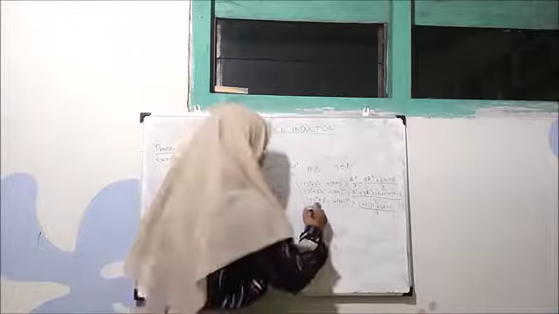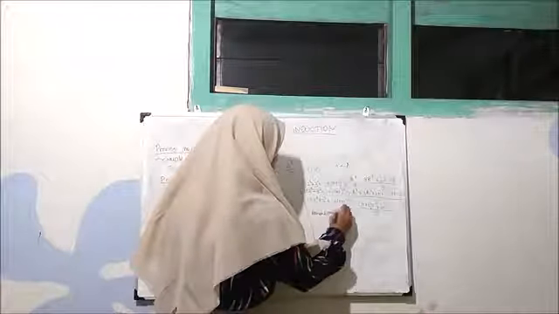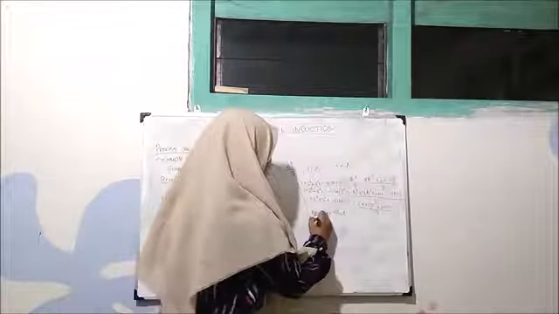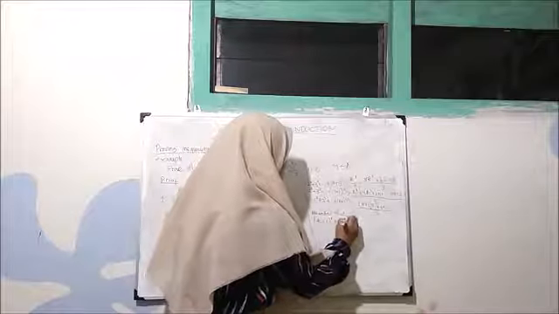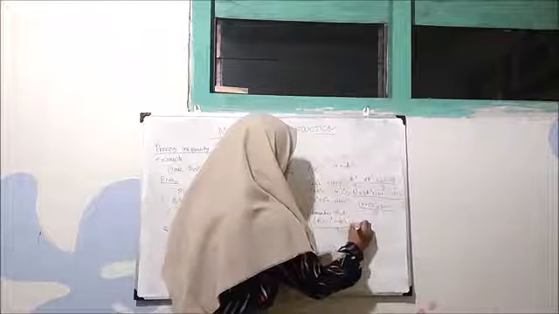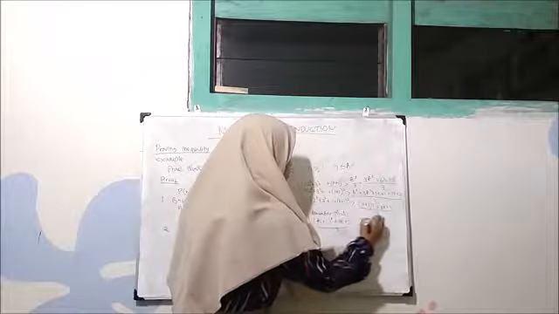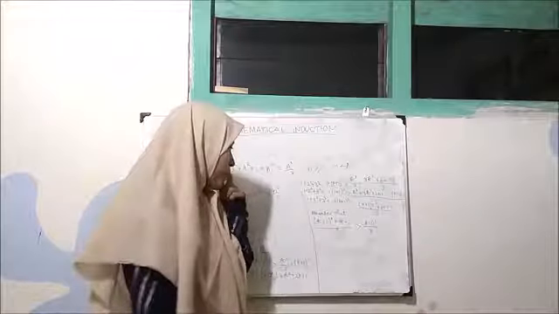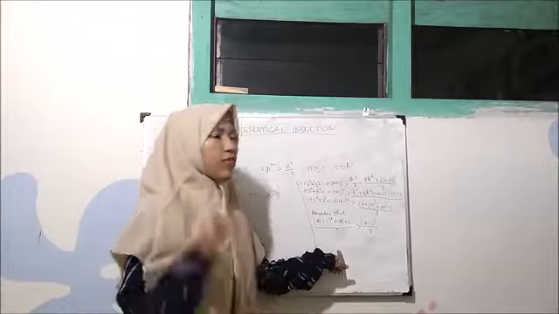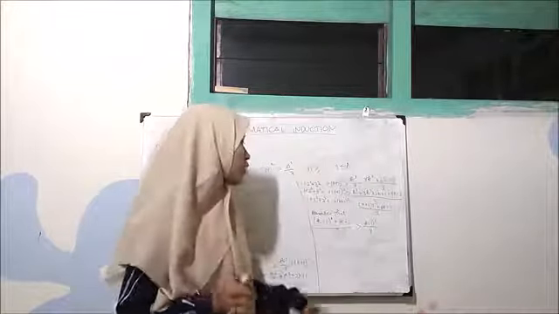Remember that k plus 1 cube plus 3k plus 2 over 3 is greater than k plus 1 cube over 3. Do you know why? Because a plus b is greater than a if b is greater than 0.